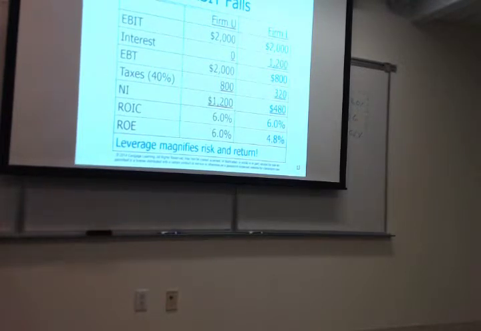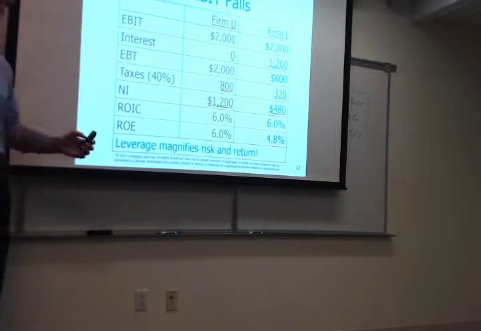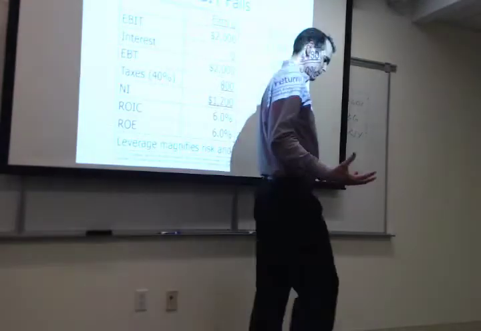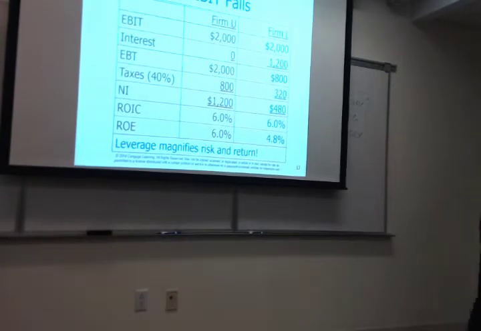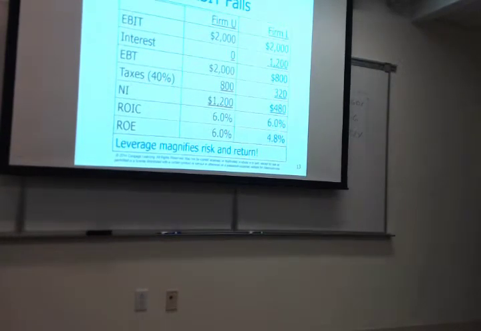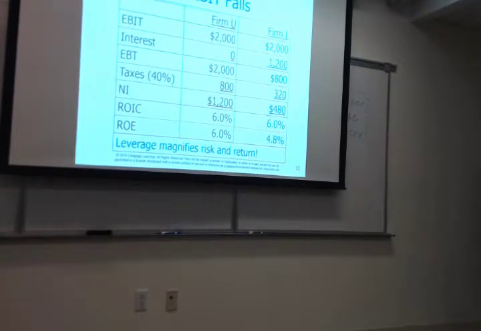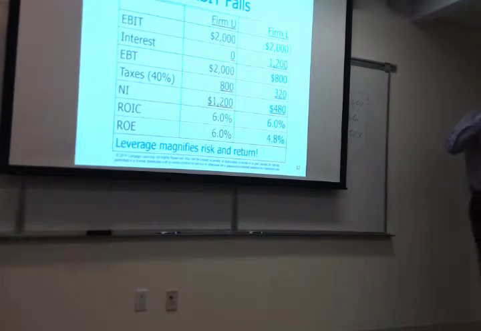Well, debt magnifies the risk by, you have to pay them back, so they are first to get paid. Yes. And the return is that it's less for the shareholders. Yeah, the return.